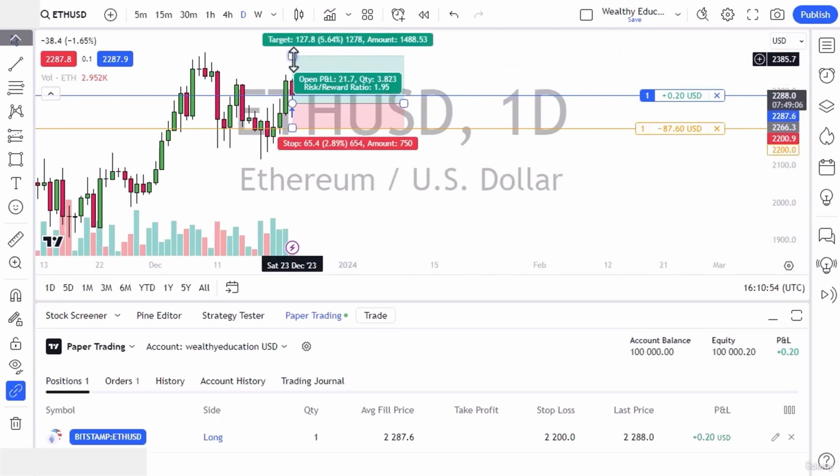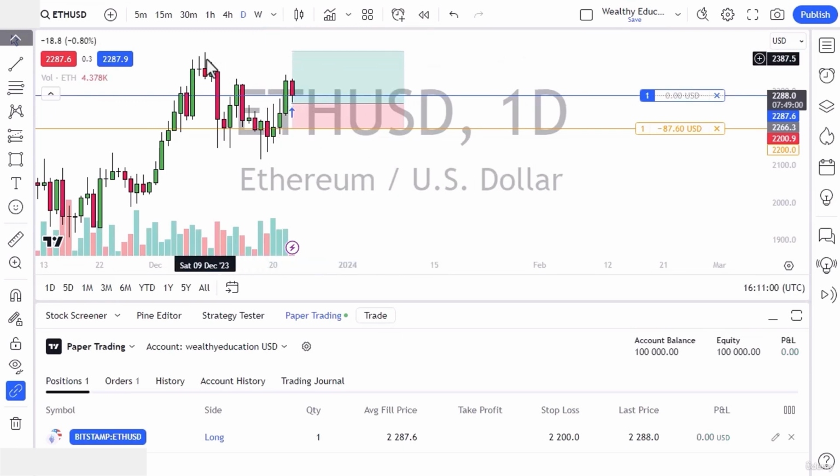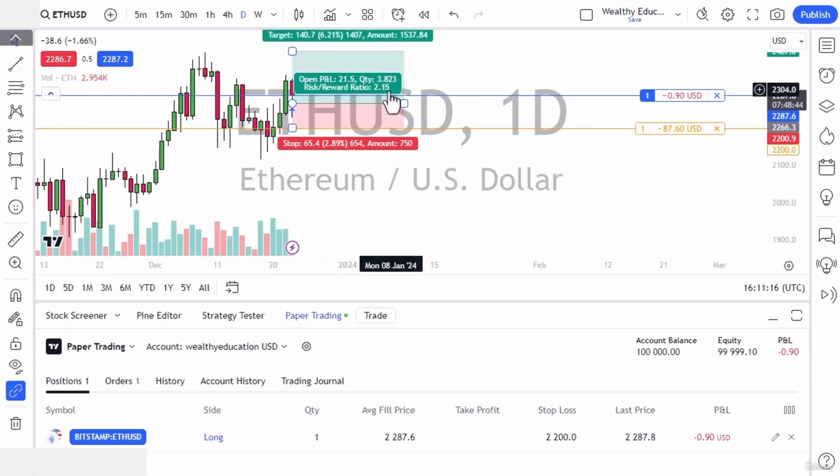I don't really have a take profit on this one, but one way I might use this is if we test this high here, what does that give me? Well, it gives me a 6.21% move in Ethereum. My risk to reward ratio is 2.15, so that's important.